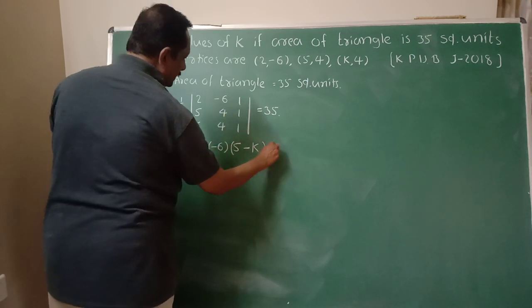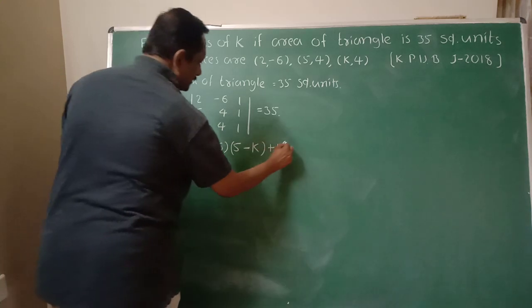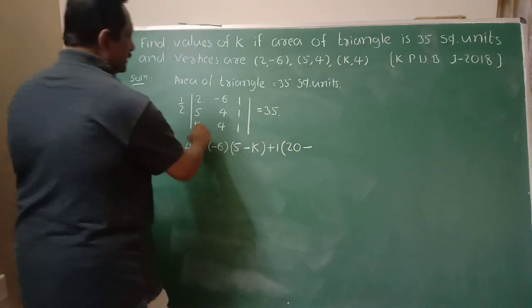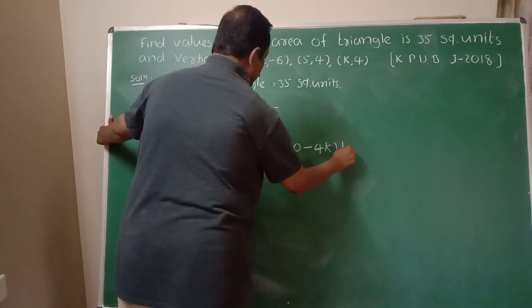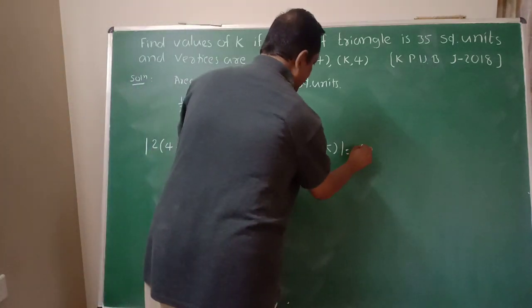Then plus 1 into bracket 5 4s are 20 here. So write here 20 minus of k into 4 is 4k. So 4k here, that is equal to here 2 into 35 is 70. So write here 70 here.